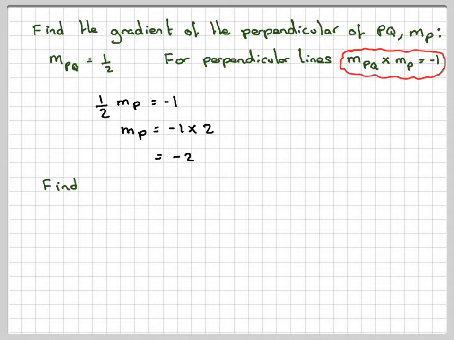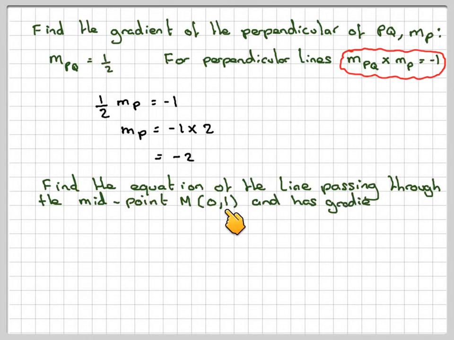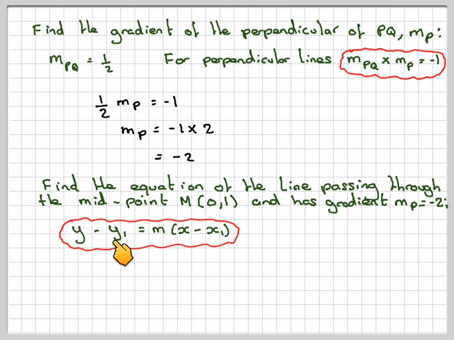And the final step is now to find the equation of the line passing through the midpoint M, which we just found, (0, 1), and has gradient -2. Using the idea y minus y1 is equal to m times x minus x1, you can also use y is equal to mx plus c.